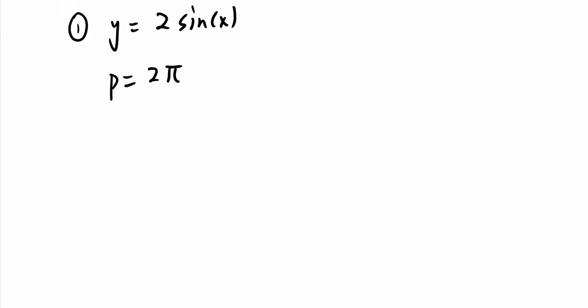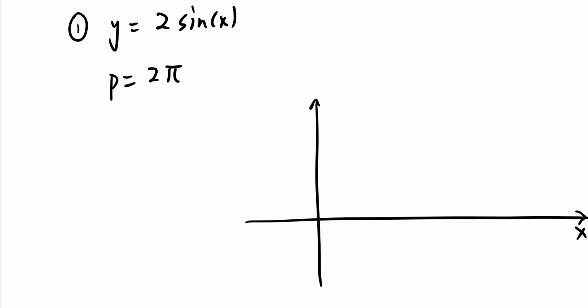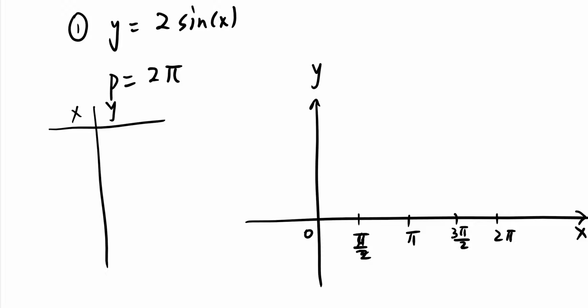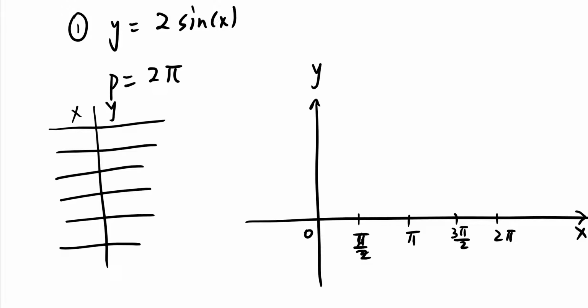And so that tells me I'm going to use the same values: 0, pi over 2, pi, 3 pi over 2, and 2 pi. What changes does that 2 make here? Watch how this changes.